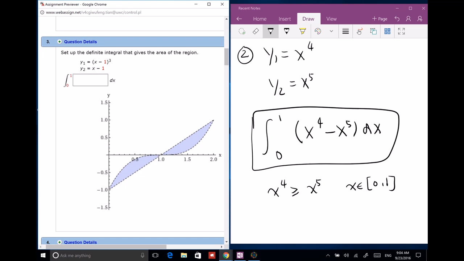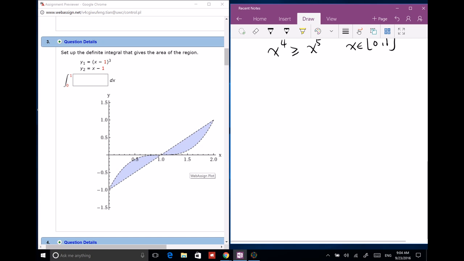Number 3. Set up a definite integral that gives the area of the region. We can tell that it says from 0 to 1, and then 1 to 2. Actually, it only says 0 to 1.